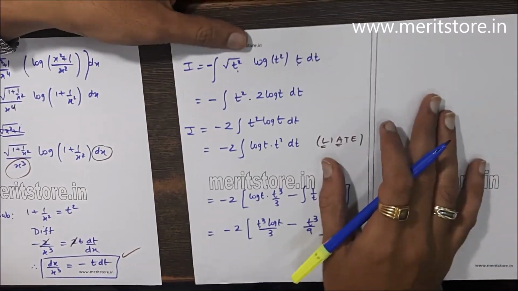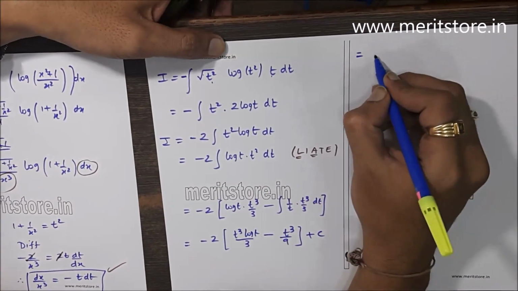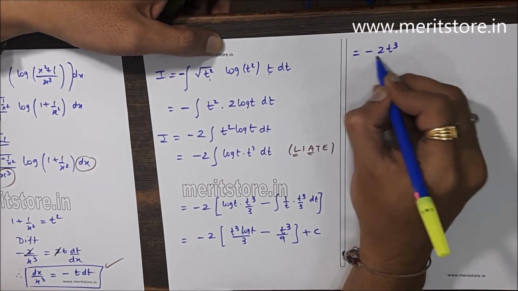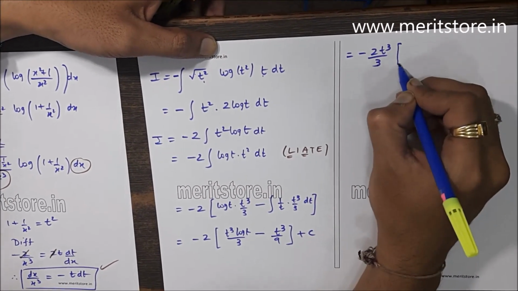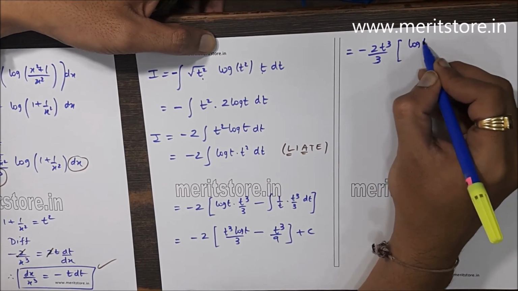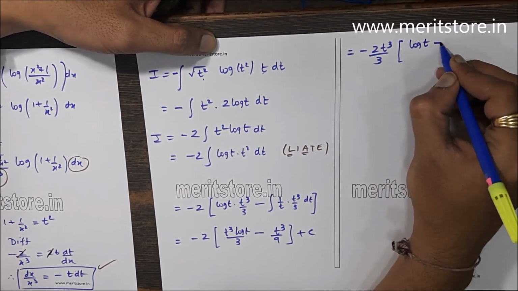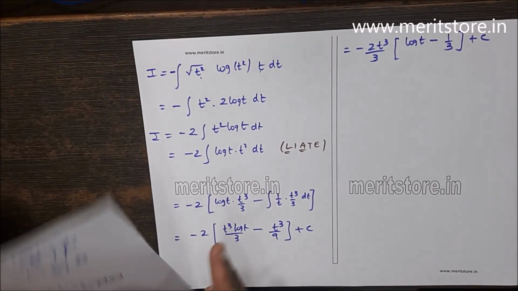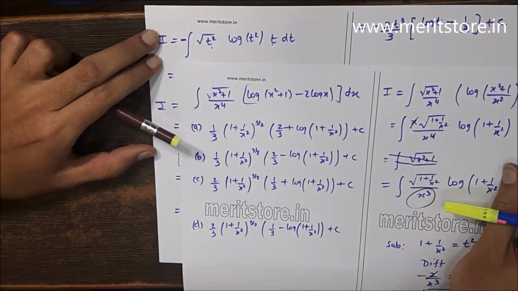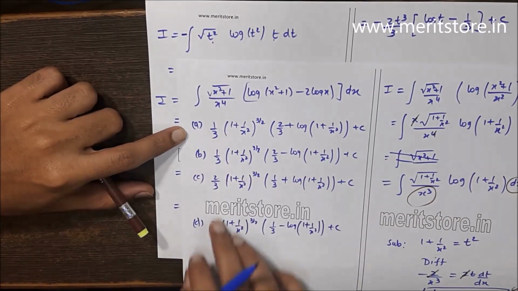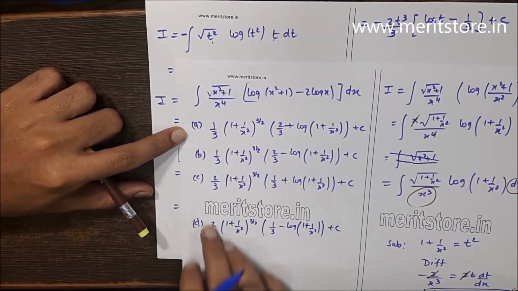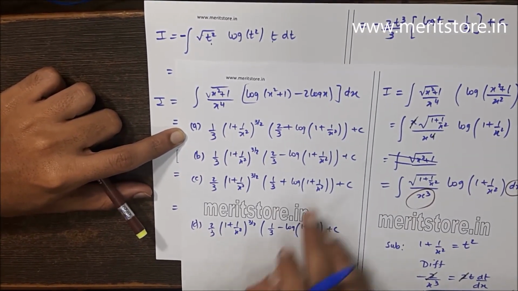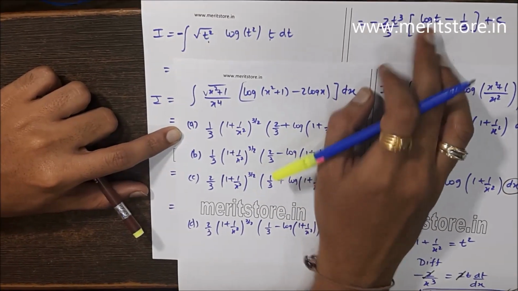Taking t cube upon 3 common, I'll get minus 2 t cube upon 3, log t minus 1 by 3, plus c. I observe at this step, none of my options have a negative sign outside. So, I'm taking the negative inside.